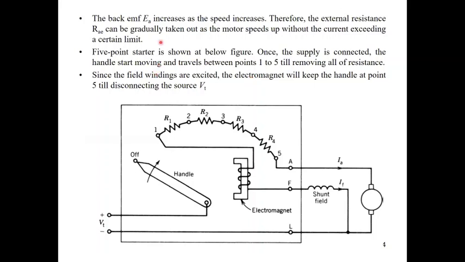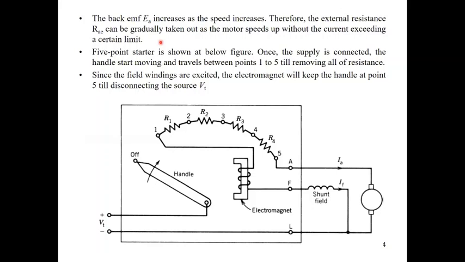At the beginning of the operation, the back EMF of the machine is 0 because the speed is 0. However, when we start the machine and apply the voltage, the machine speed will start increasing. Is it right? Yes. And we expect the current, because the current equals V terminal minus E, where E is K phi omega, divided by RA.